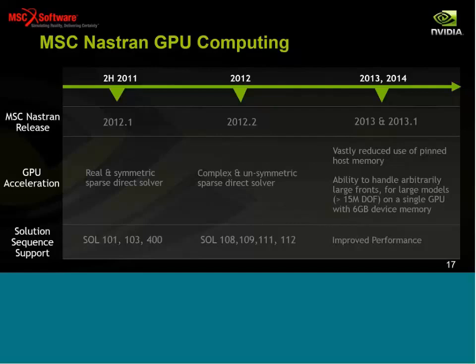Complex and unsymmetric support was added in the MSC Nastran 2012.2 release, and of course that broadened the set of solution sequences that we could cover, including now solution 108, 109, 111, and 112. In the 2013 releases, 2013.0 and 2013.1, we improved the performance, vastly reduced use of pinned host memory, and added the ability to handle arbitrarily large fronts on a single GPU with the 6 gigabyte device memory.